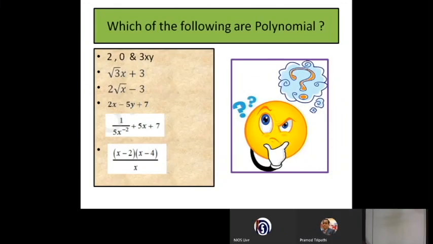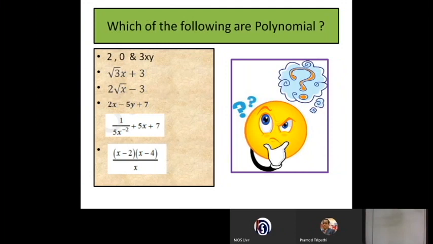Now, before taking the break, I have given some problems here. Which of the following are polynomials here? So, there are the examples, number 1: 2, 0, and 3xy. These are the three, and you have to find out whether all of these are polynomials or not.